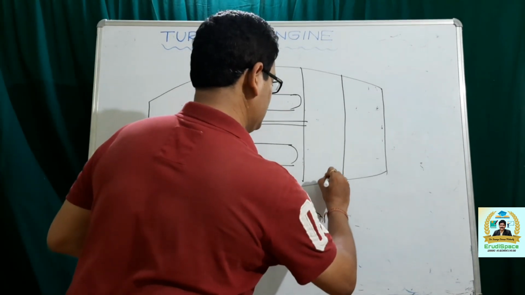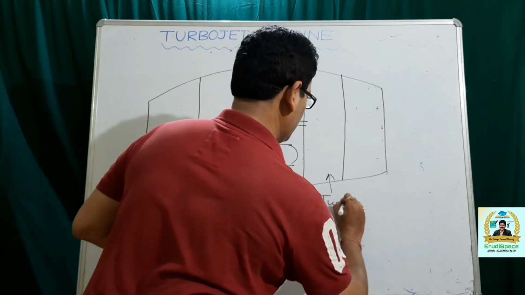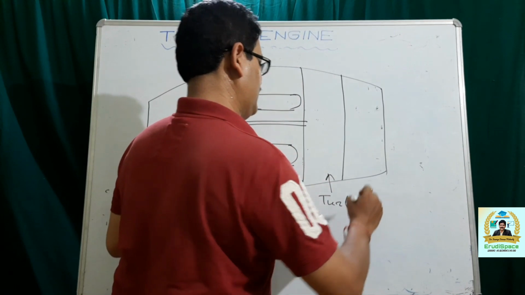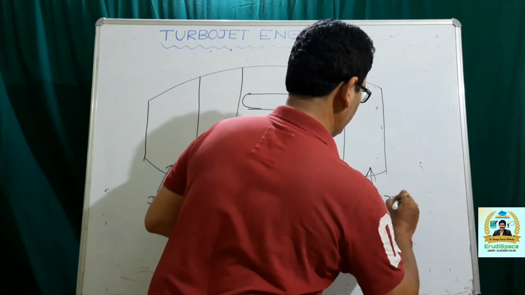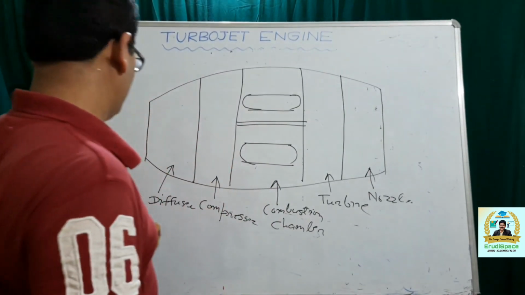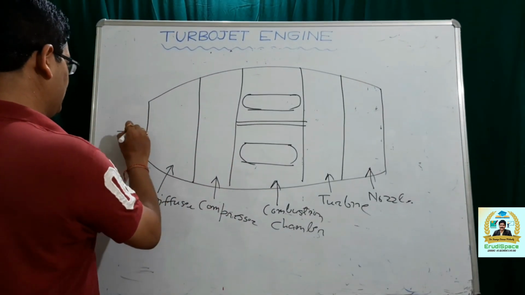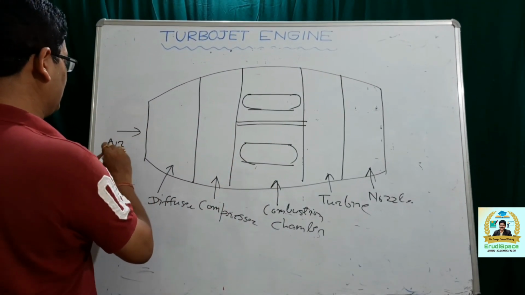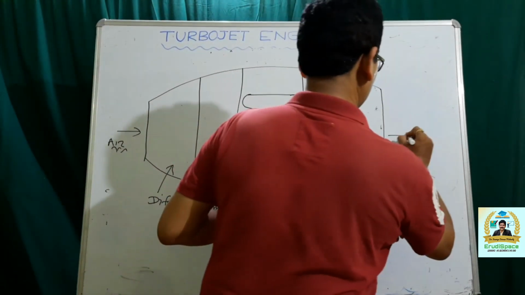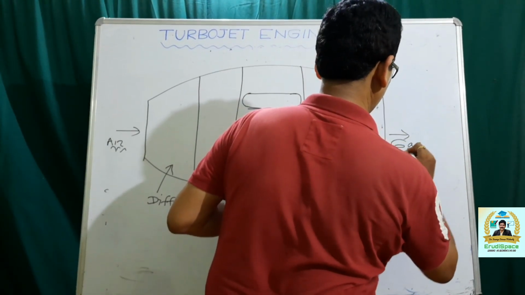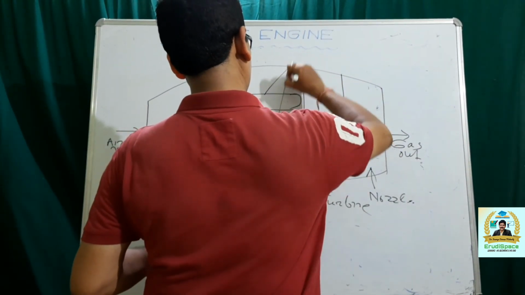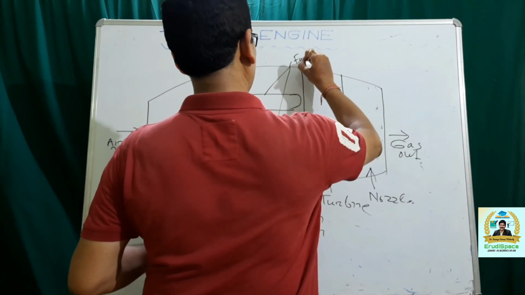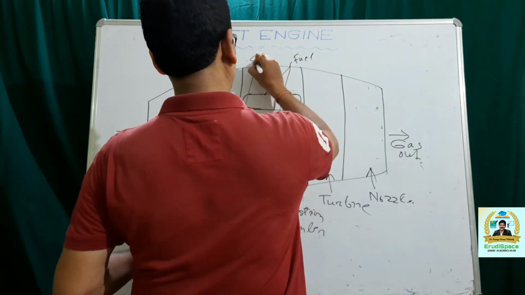This one is your turbine, and this one is your nozzle. Air comes in and gas goes out. These are the fuel inlets.